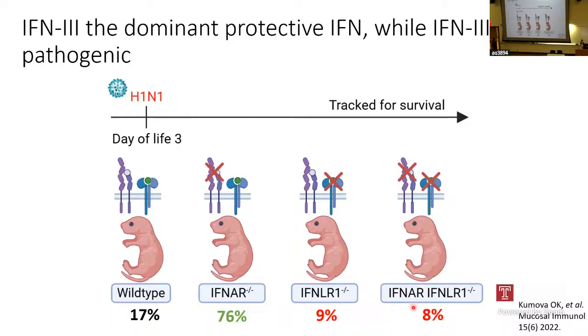And then if you use a double knockout, it's similar to the single knockout of lambda. So we think that type 1 interferons are solely pathogenic, and the redundancy of the lambda and type 1 kind of functions serve to be just solely protective in the neonate. So that is where this project is headed, yes.